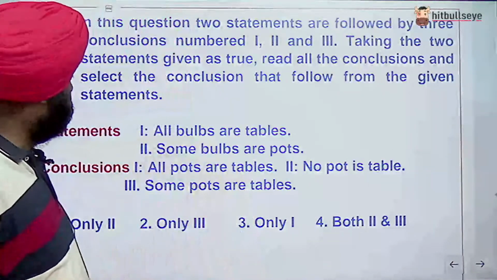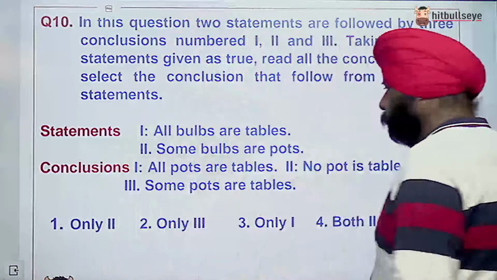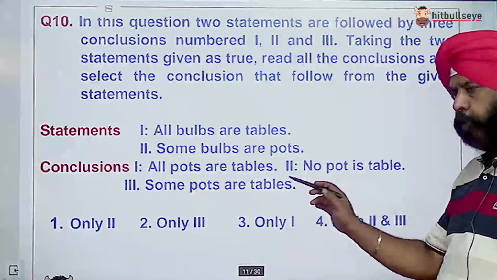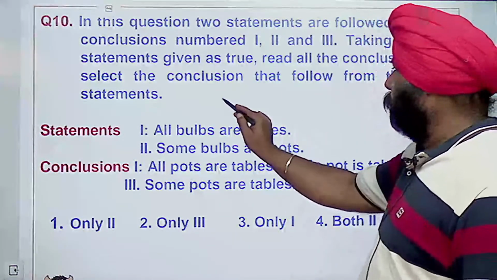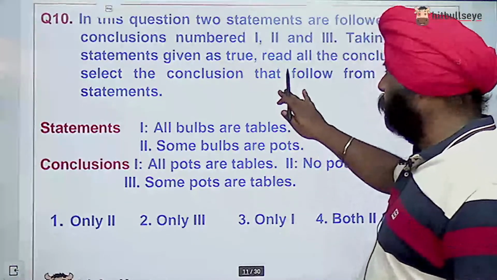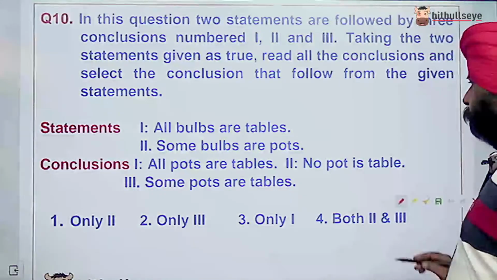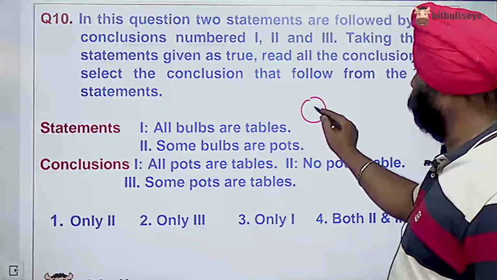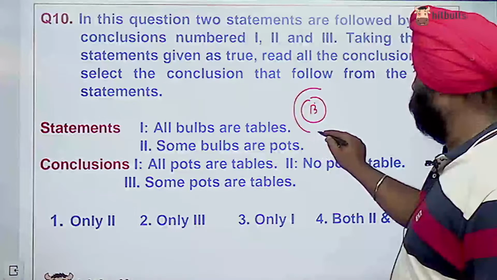The question is, all bulbs are tables, some bulbs are pots. 3 conclusions are there. All pots are tables, no pot is a table, some pots are tables, right? If I solve it, all bulbs are tables, so all SRP, how do we write this? All bulbs are tables, all SRP is shown by this, so I write B here, I write table here.